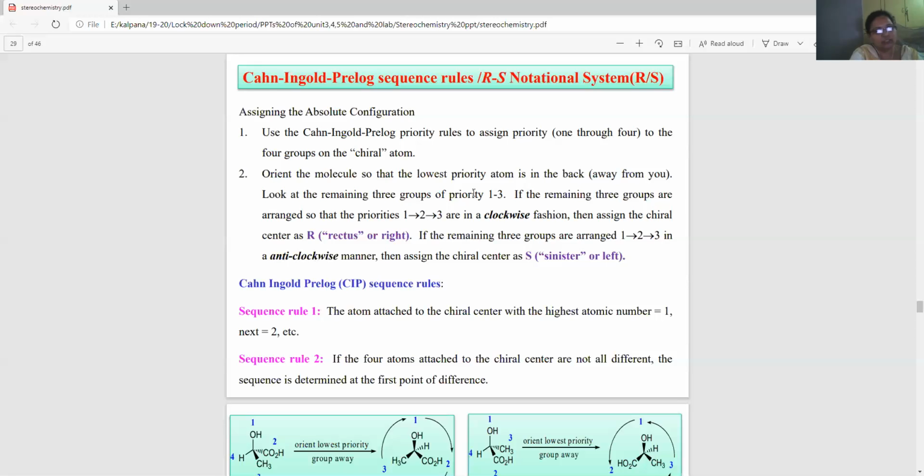If they are arranged so that the priorities run in a clockwise fashion, assign the chiral center as R, that is rectus or right. If they are arranged in an anti-clockwise manner, assign the chiral center as S, that is sinister or left.